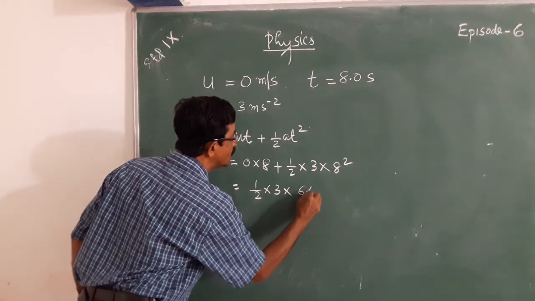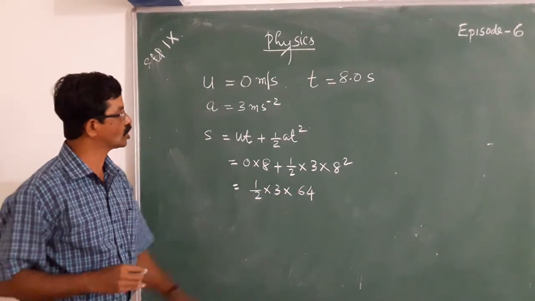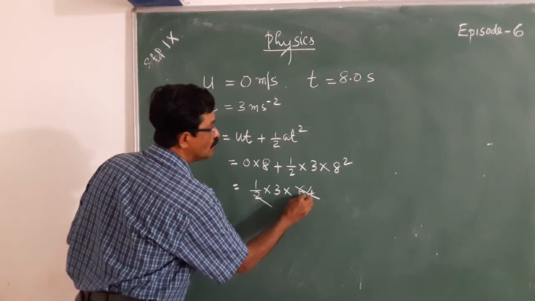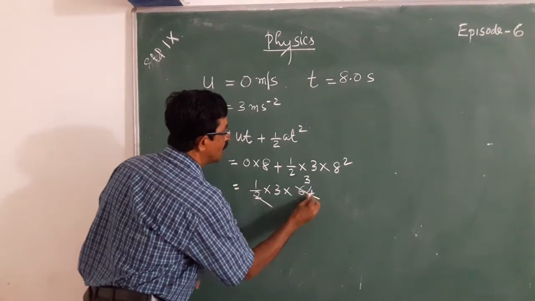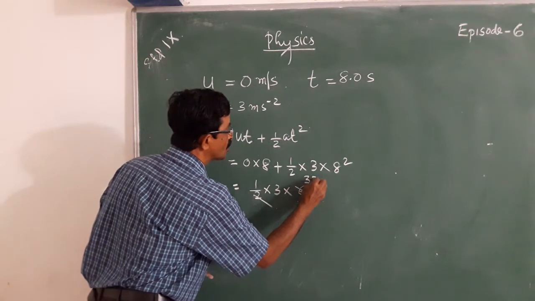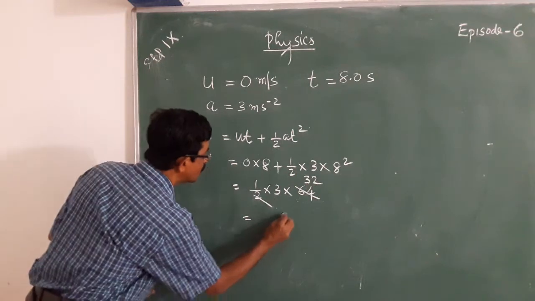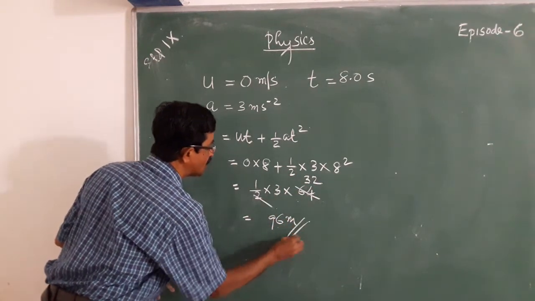8 square is 64. Now we can cancel the 2 and 64, giving 32. Now 3 into 32: 3 times 2 is 6, 3 times 3 is 9. So 96 meter.